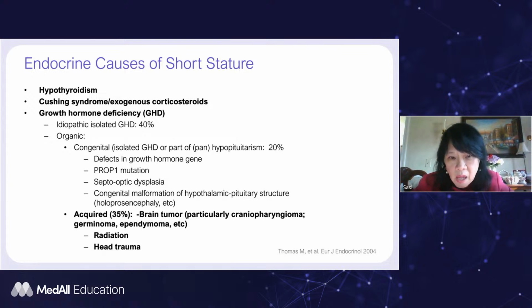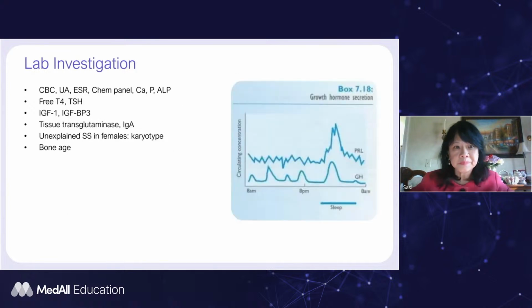The common cause would be craniopharyngioma, but sometimes it can be from germinoma or ependymoma. And then acquired causes can be due to the late effects of treatment for different types of malignancy, such as cranial radiation. It can also be caused by head trauma.